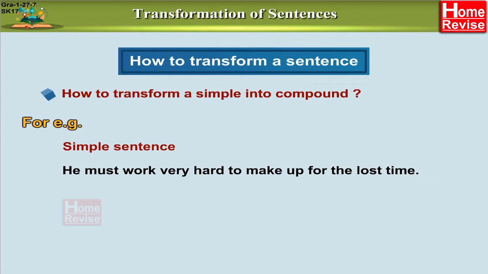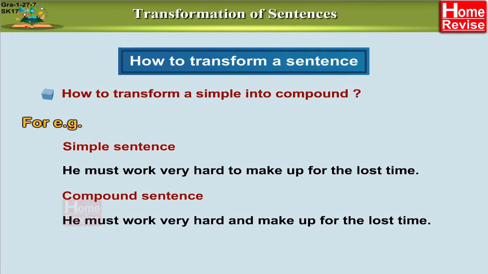Let's understand how to change this simple sentence into a compound one. As I stated earlier, we need to use one of the conjunctions which were given earlier. So let's make use of the conjunction and. So the sentence would be something like this: He must work very hard and make up for the lost time.